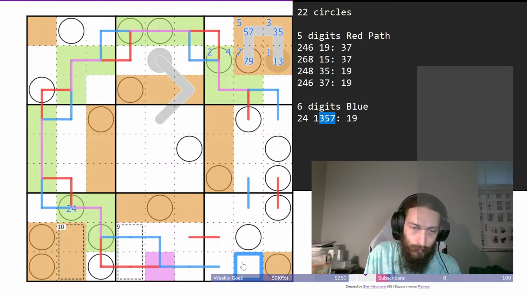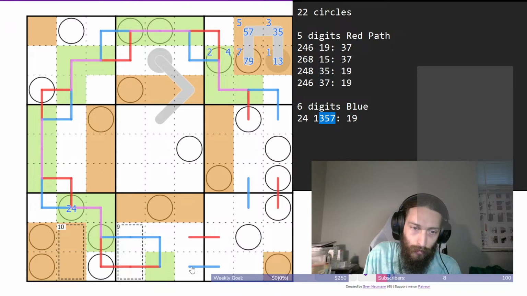This is purple. Oh, it's even. But then red, our red line, can still go right and up. Or it could, wait, no, if red went up and then right, I'd have 3 evens here.